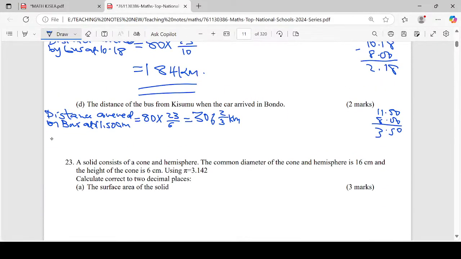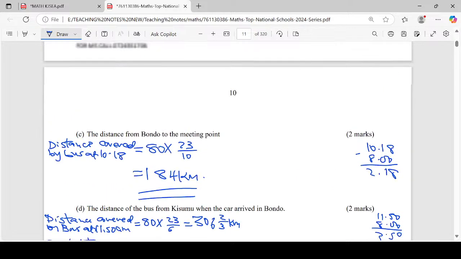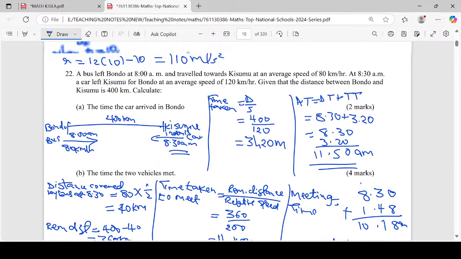To get the bus distance from Kisumu, I'm simply going to take the total distance, which is 400.